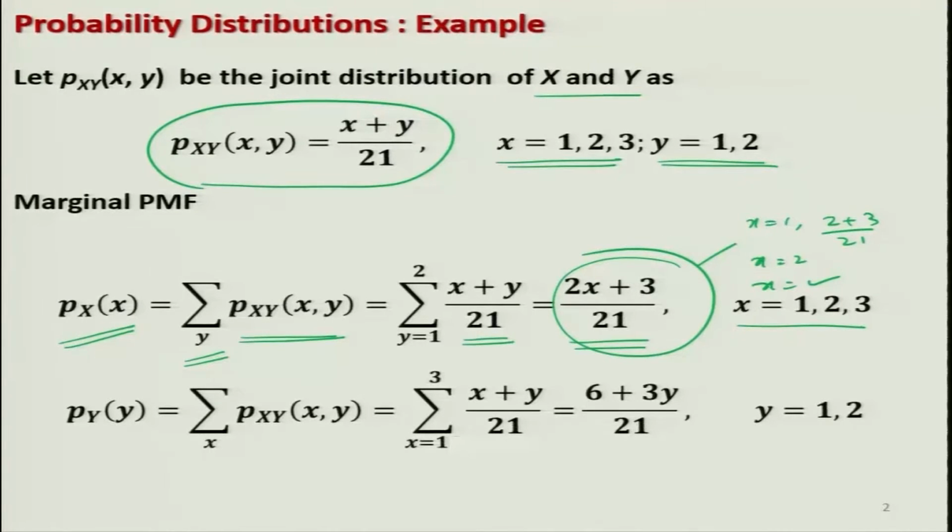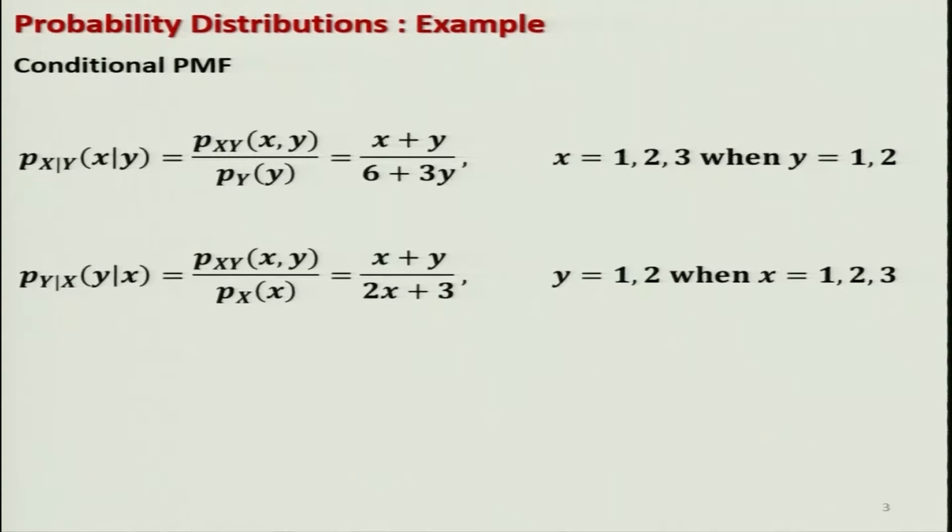Similarly, if you try to find out the marginal probability mass function for y, then this is obtained by summing over the values of x in the joint probability mass function. If you obtain this summation, x goes from 1 to 3 of (x plus y) upon 21, you can obtain the value, and this is true for y equal to 1 and 2.